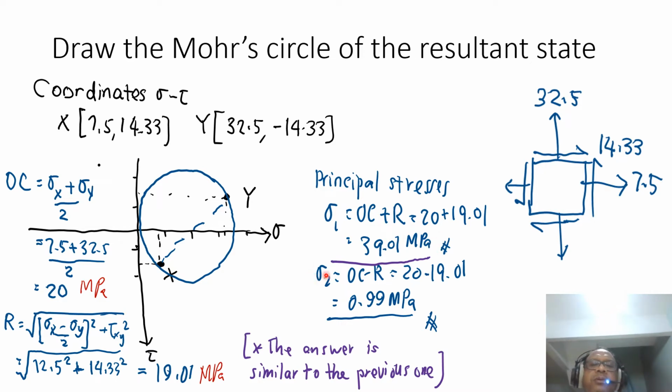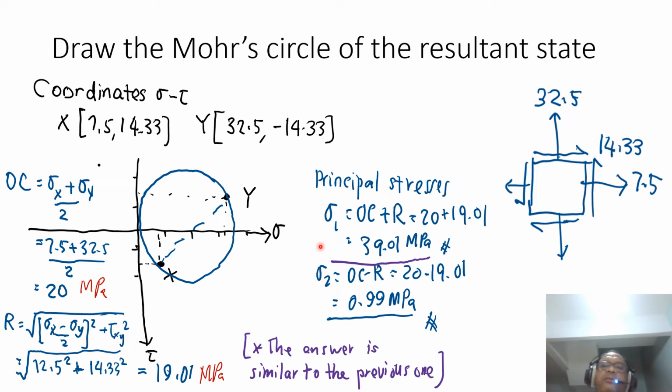And sigma 2 equals OC minus R, equals 20 minus 19.01 equals 0.99 megapascal. So this is the answer when we rotate element B to align with element A.